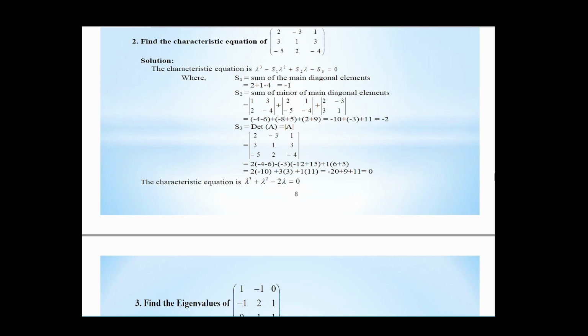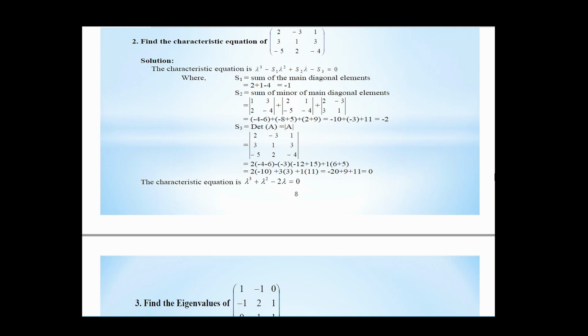S1 is the sum of the main diagonal elements, that is the trace of the matrix. Here the leading diagonal elements are 2, 1, minus 4, so 2 plus 1 minus 4 equal to minus 1. So S1 equal to minus 1, and S3 equal to determinant of A. We find the determinant of the given matrix, and the value is 0 here.